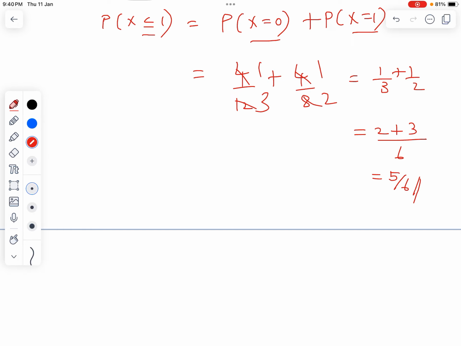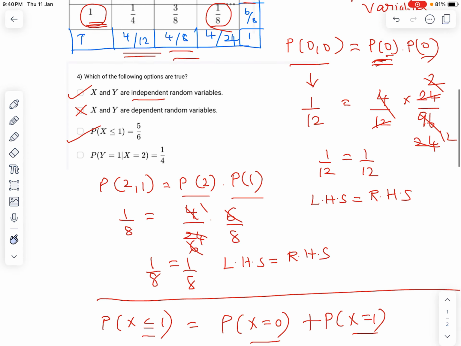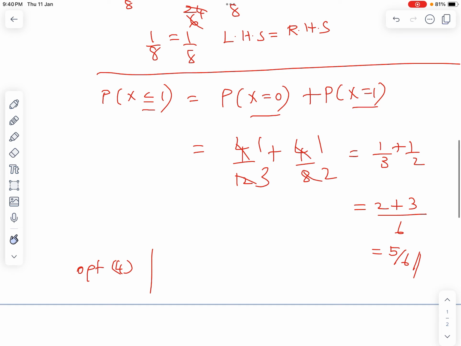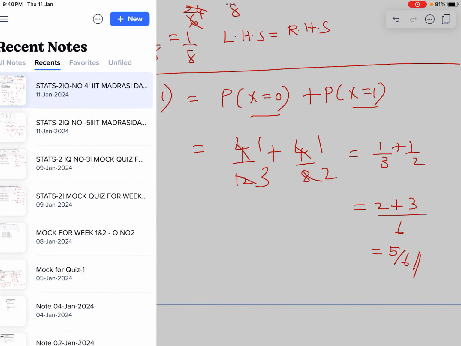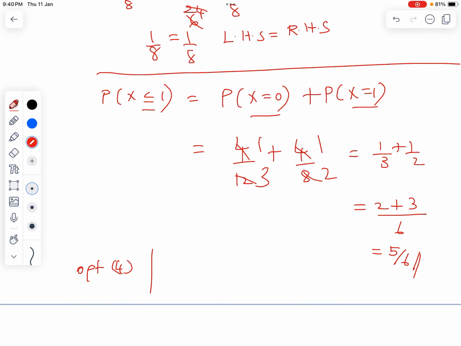They have given option 4 as P of y equal to 1, under the condition x equal to 2.